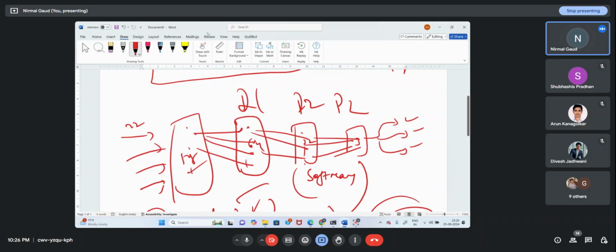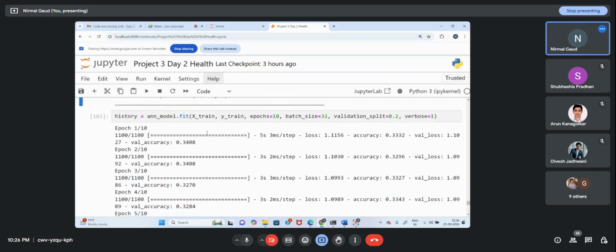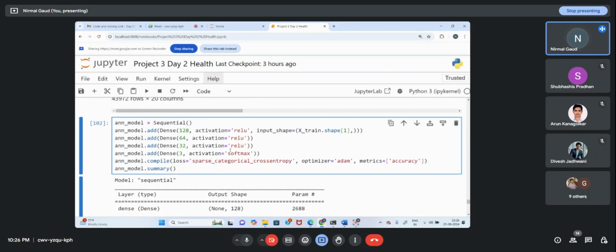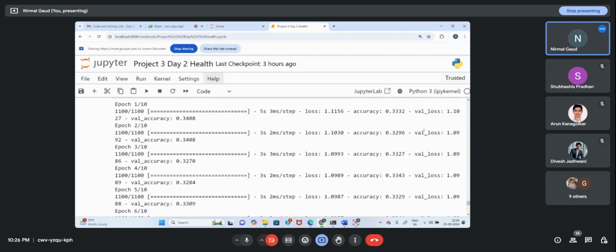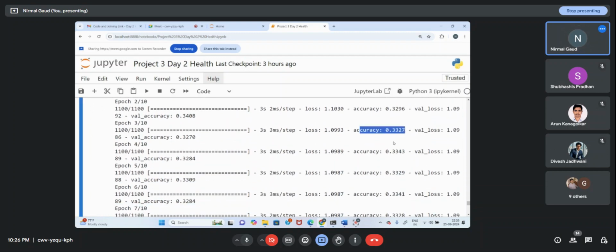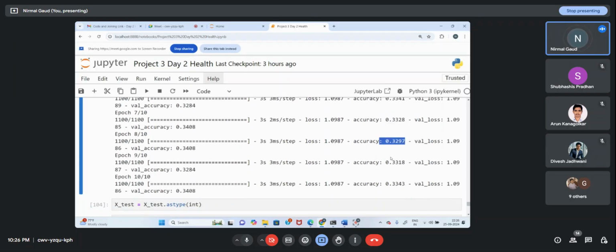And what happened next? Let me show you. This is my architecture. I trained my model, and if you check the accuracy, it is 33, 33, 33, 32, 33.